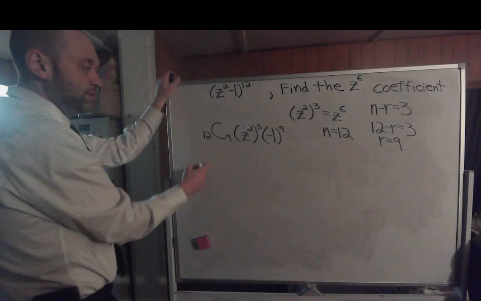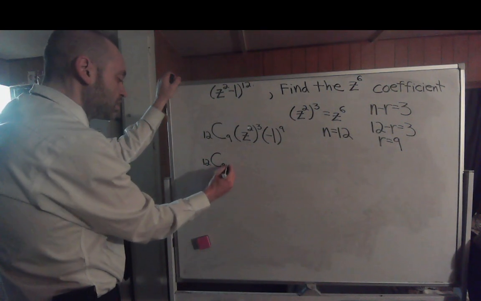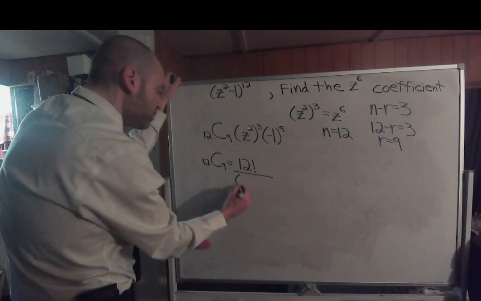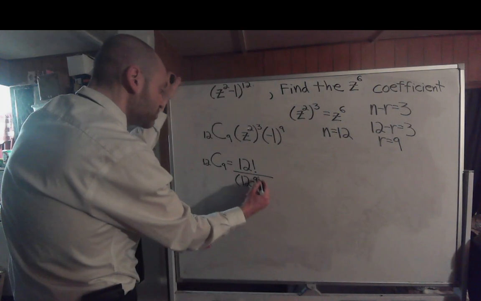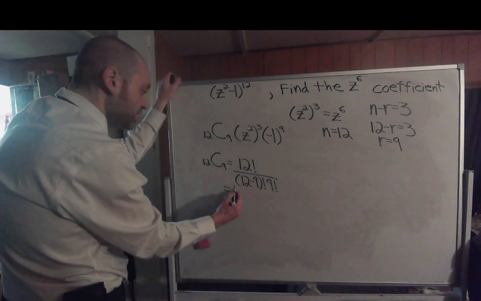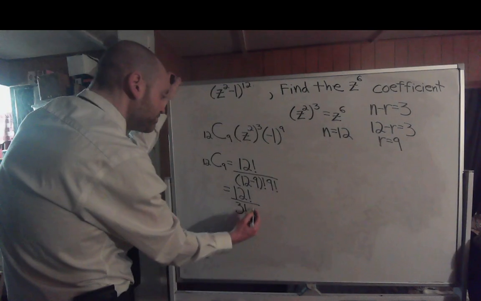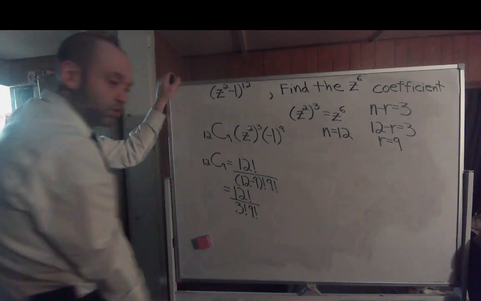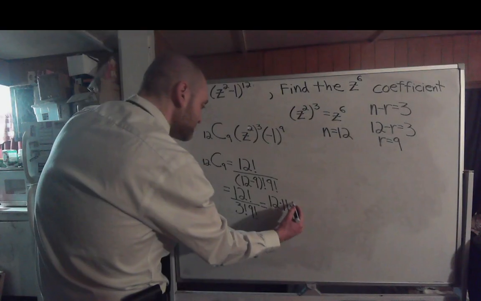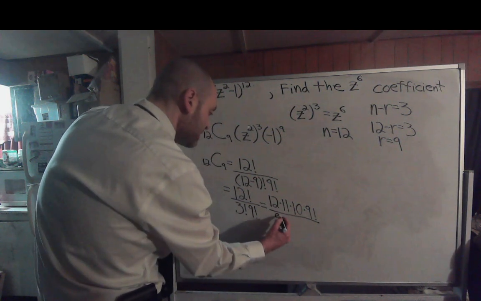So let's find the combination of 12 things 9 at a time. That's going to, of course, equal 12 factorial all over the quantity of 12 minus 9 factorial times 9 factorial. So this will turn into 12 factorial all over 3 factorial times 9 factorial. So this could simplify into 12 times 11 times 10 times 9 factorial all over 9 factorial.